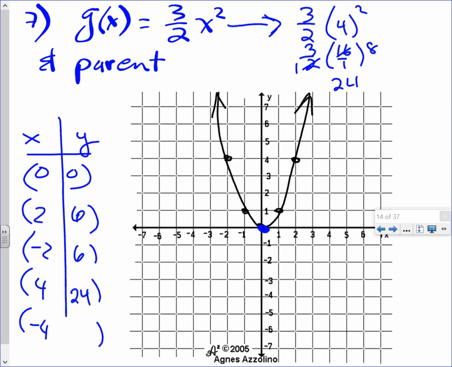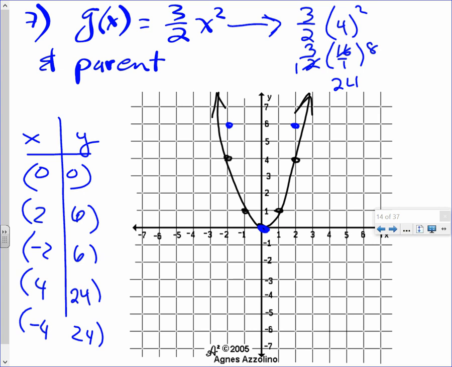Okay, so let's do it. We're not going to graph it because it's going to be way off the charts, but at least we know what the stretch is kind of looking like, right? So 2, 6. 2, 6 is right here. 2, 6. -2, 6.